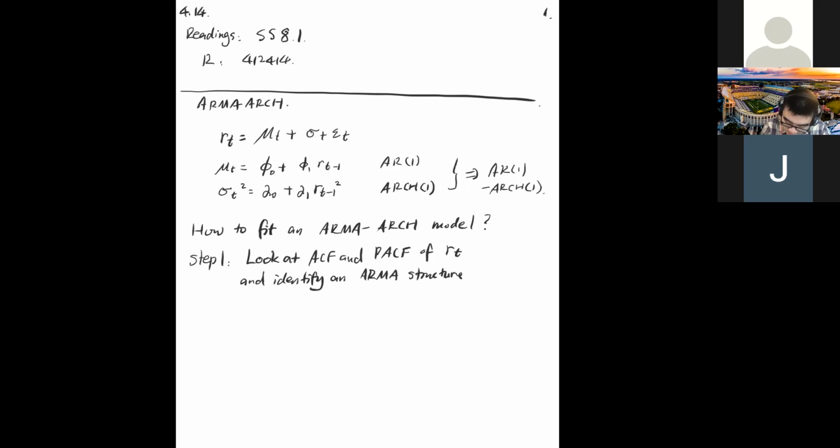This is basically doing the ARMA part of your big model, and this is actually easy, right?